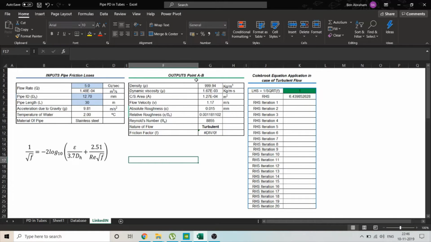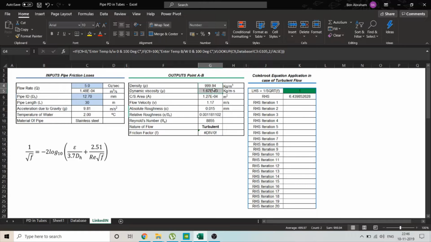In the outputs tab, we have a set of values that are extremely important in determining the value of f. First is density, which is a function of the temperature of water, here at 2 degrees Celsius. Then comes the dynamic viscosity, which again depends on temperature. These values can be derived from tables that describe the characteristics of water at different temperatures.